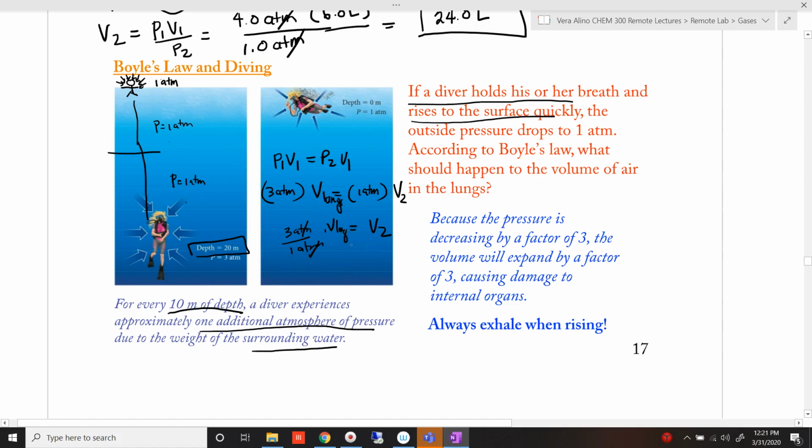And that's really scary because if you hold your breath, you pretty much have air trapped in your lungs. As you resurface, that gas expands to 3 times as much, beyond the capacity of your lungs.